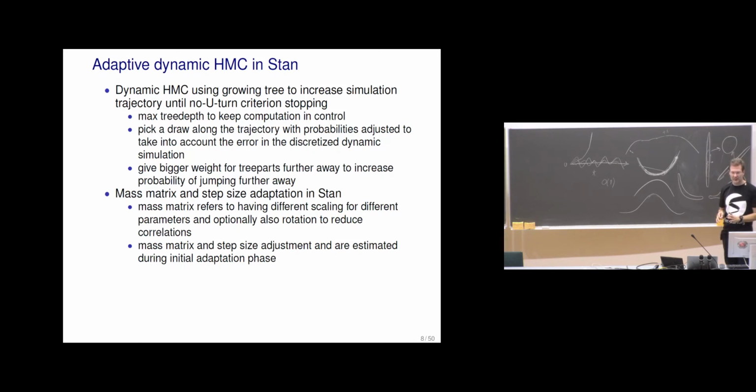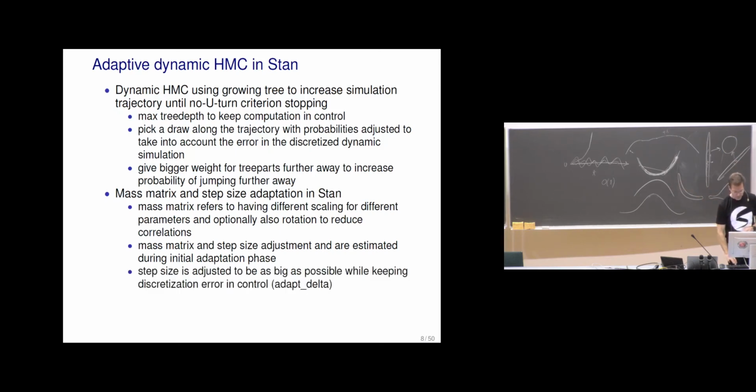So this warm-up sampling is not valid because of the adaptation, but after we stop the adaptation, the rest of the sampling is valid. For example, Stan has the adapt delta parameter, which can control how big errors we try to get.